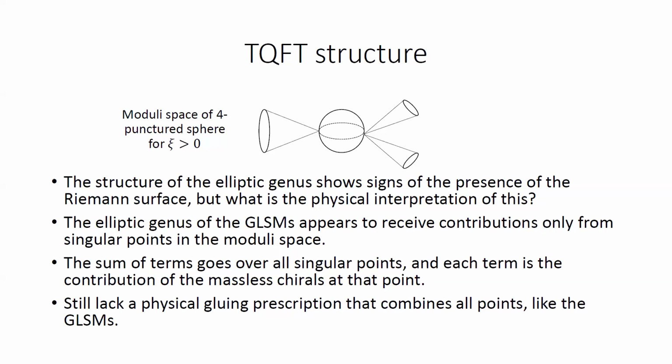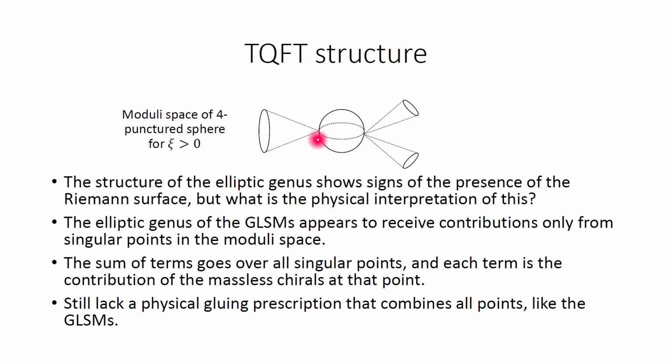What seemed to happen is roughly the following. The elliptic genus of the GLSM appears to receive contributions from only a finite number of special points on the moduli space. Here I've drawn the moduli space of the four-punctured sphere theory, so this U(1) with 4 chirals. It happens to consist of an S1. I've also introduced a Fayet-Iliopoulos term to regularize the moduli space a little bit, so it has an S1 whose radius is equal to the square root of this Fayet-Iliopoulos term.